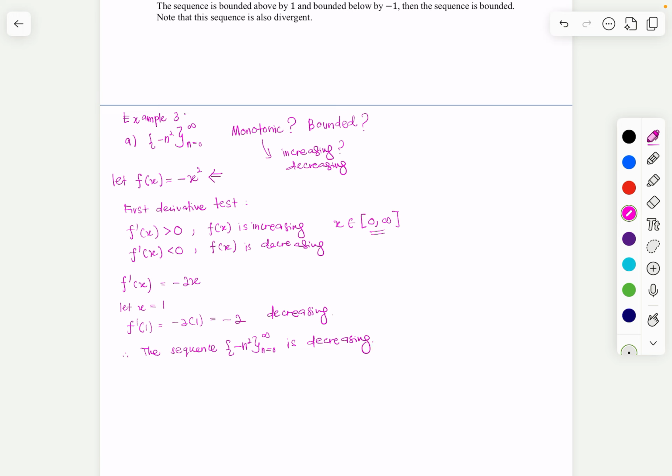So it is decreasing for x from 0 to infinity. Hence the sequence is monotonic.